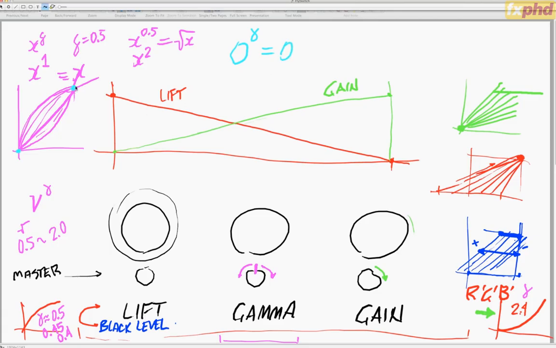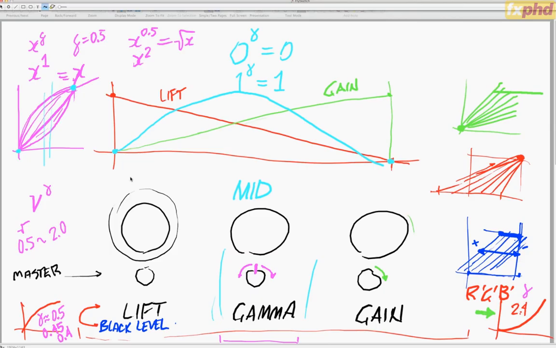And gamma is doing nothing to reference white, and that's because 1 to the power gamma, anything, is just 1. So the gamma control basically has no effect at black, no effect at white, and maximum effect somewhere in the middle, depending exactly what it is. So let's draw the gamma effectiveness curve sort of like that.